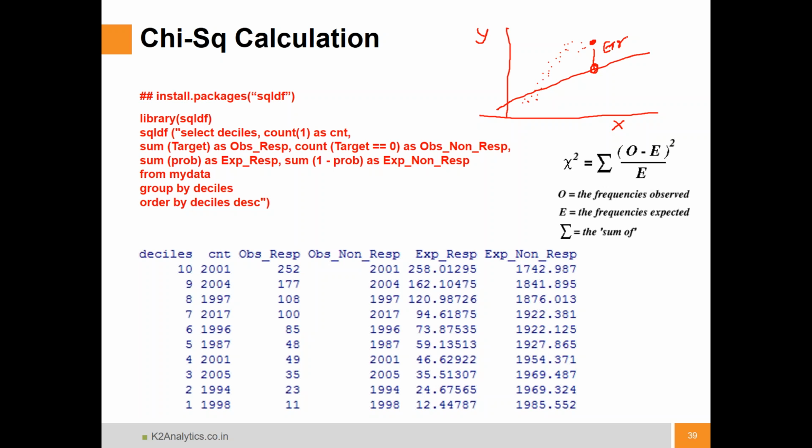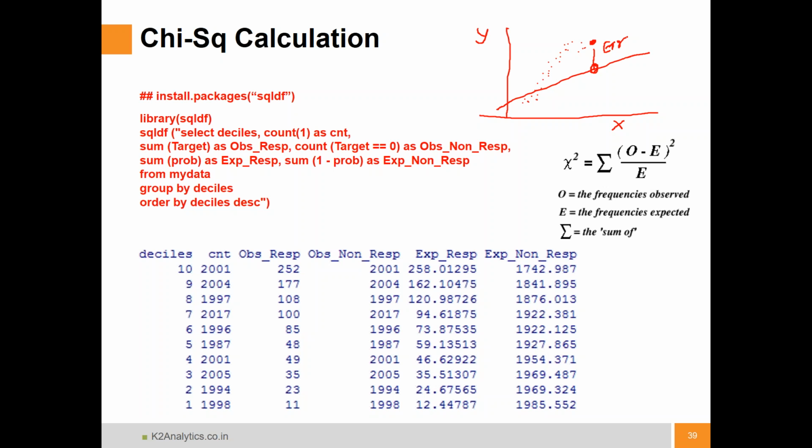What is a null hypothesis? When you do hypothesis testing, because chi-square test is a hypothesis testing, agreed? What is a null hypothesis? No, we are not trying to reject it.